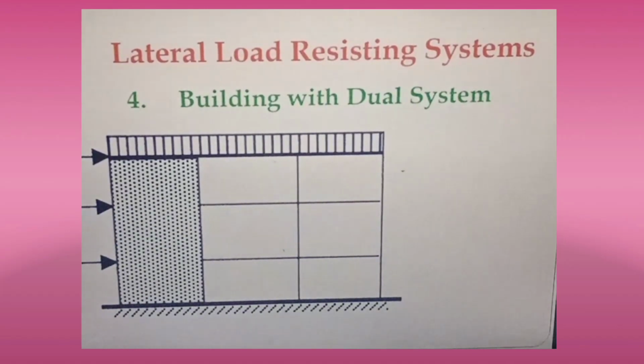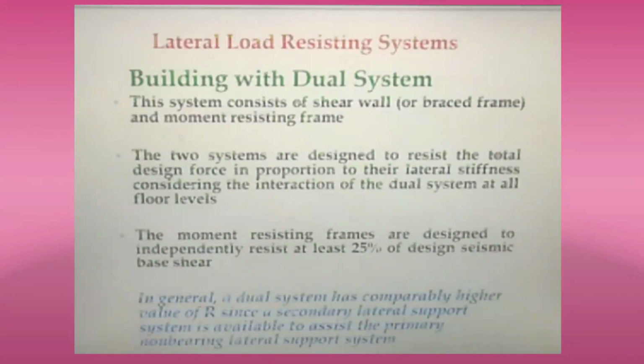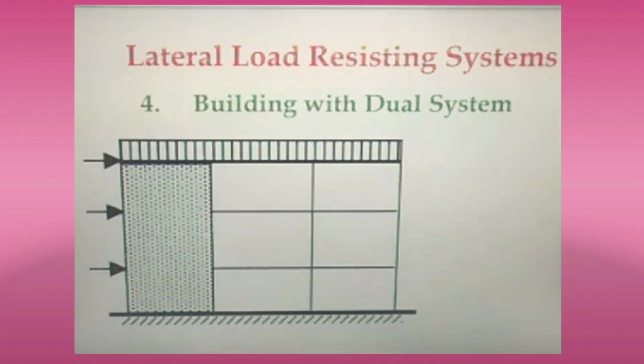Buildings with the dual systems. Here you can see there is a shear wall and moment frames also. Coming to buildings with the dual system, you have seen this particular picture now. A building with the dual system means it is a moment resisting frame with the shear wall.